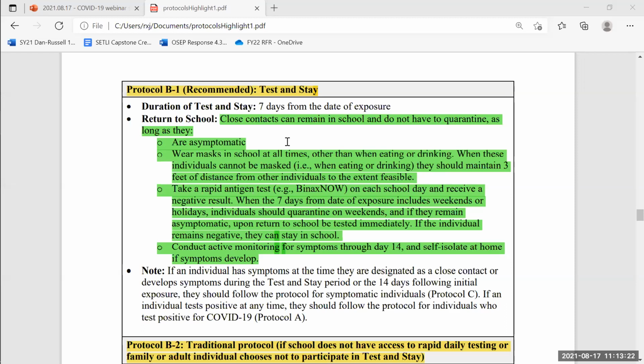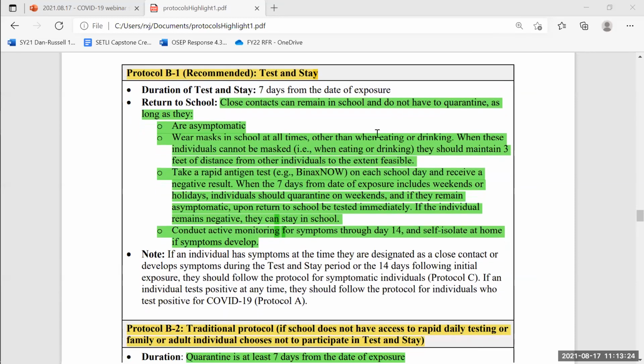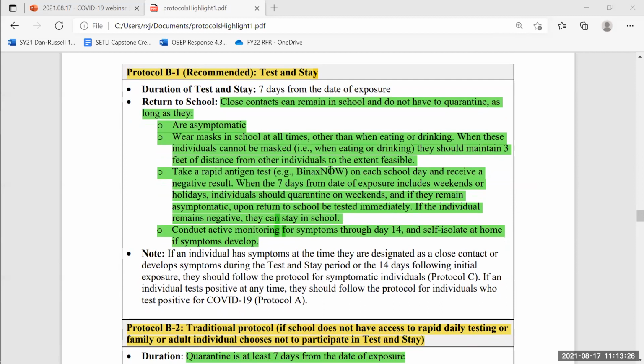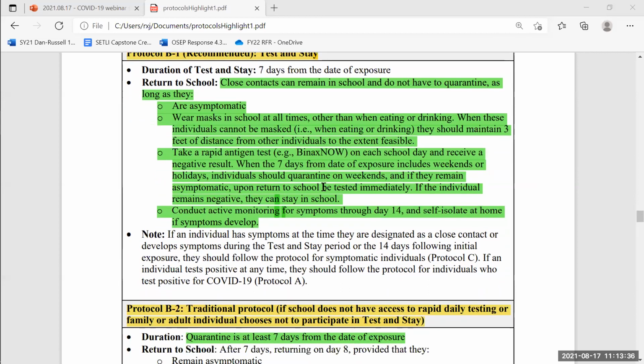And if they can't be masked, then they need to be maintaining that 3 feet of distance. We're recommending that they maintain that 3 feet of distance from other individuals to the extent feasible. So then we want to see those individuals taking our rapid antigen test, most likely each day. And they remain in school as long as they're getting that negative result each day that they take that rapid test.